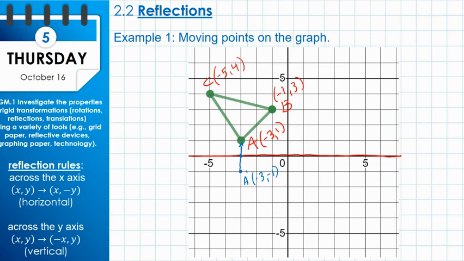B prime is 1, 2, 3 units up from the line of reflection. So it should go down 1, 2, 3 units from the line of reflection. -1, 3, -1, -3.